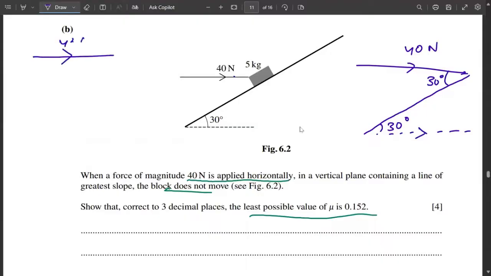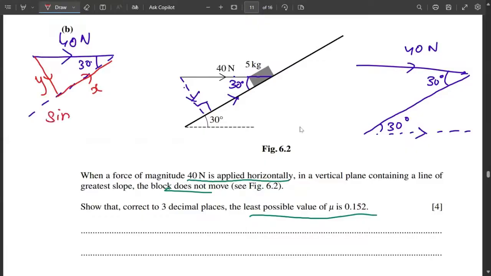And now we can resolve it very easily. This is 40 Newton. This angle will be 30 degrees. Now you can make two lines of slope. One will act down, one will act to the right. This is 90 degrees. Let this be x, this be y.